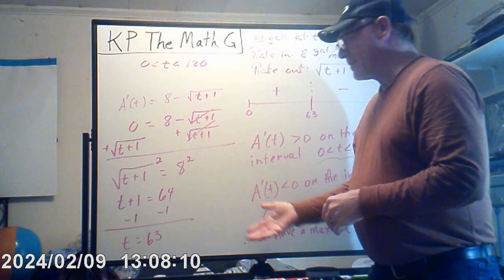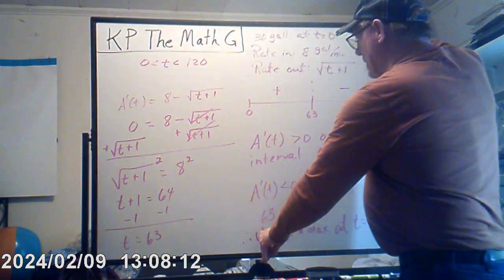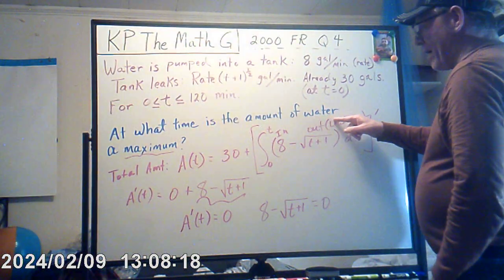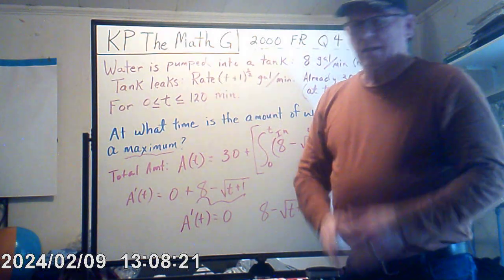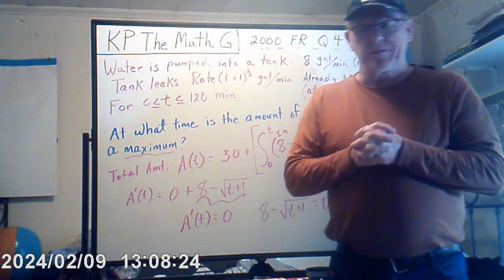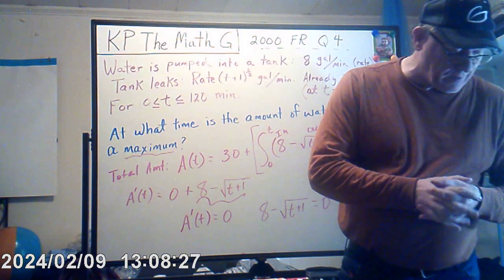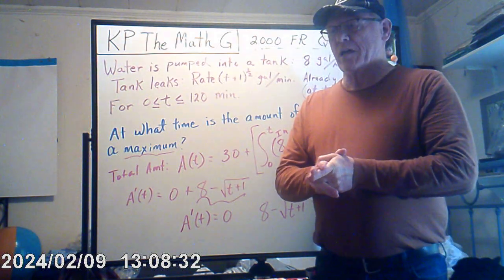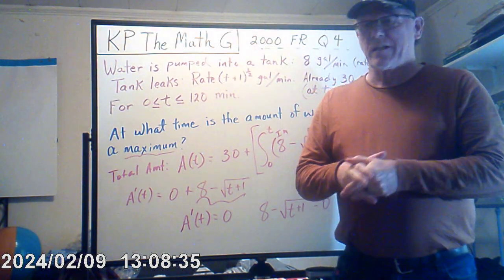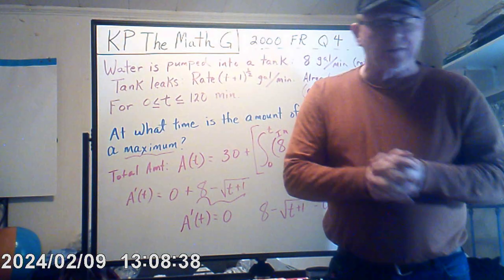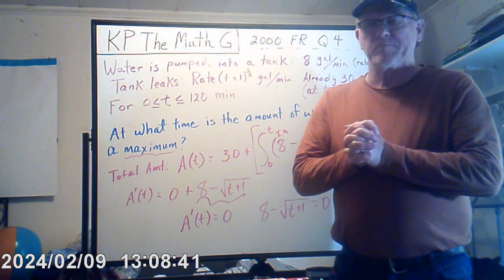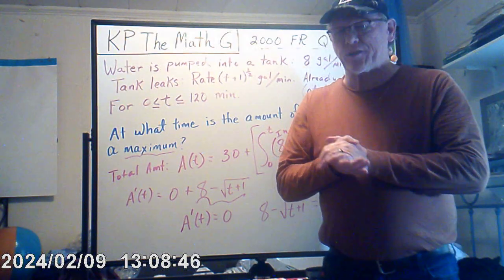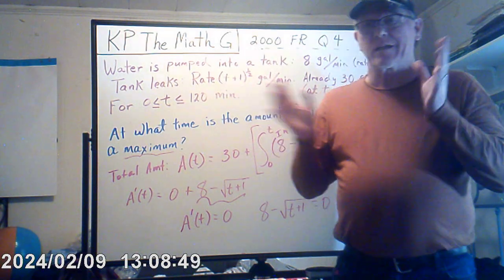And the question was, once again, let's just look at it again. At what time is the amount of water a maximum? Again, you can go to Google too. You can Google this and type in something like AP Calculus AB 2000, or start out saying this is year 2000, 2000 AP Calculus AB questions, something like that, and you will get questions.